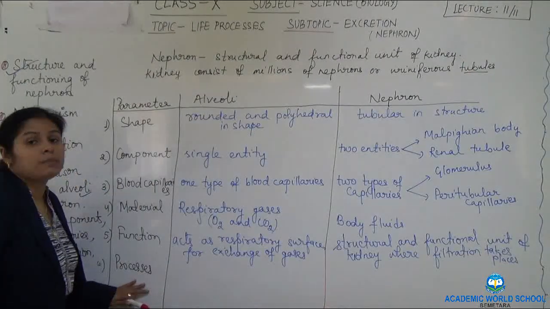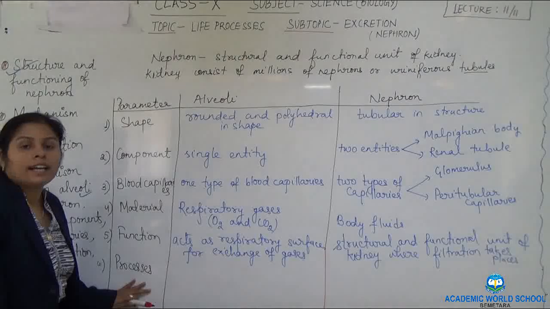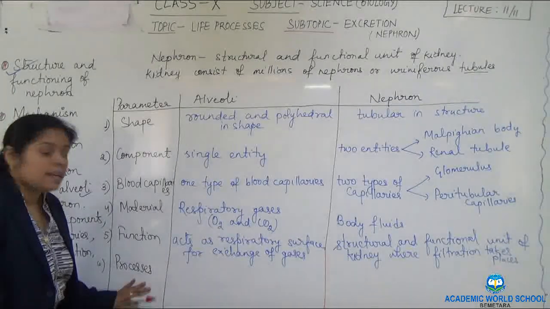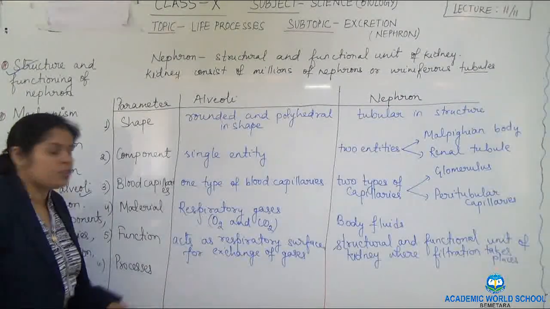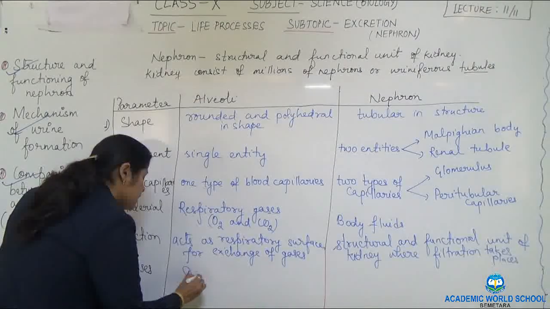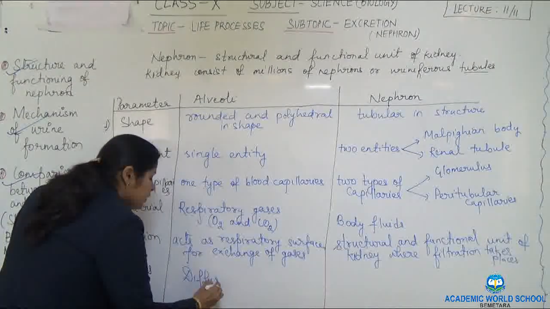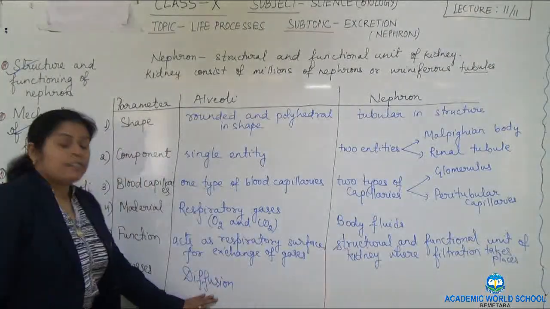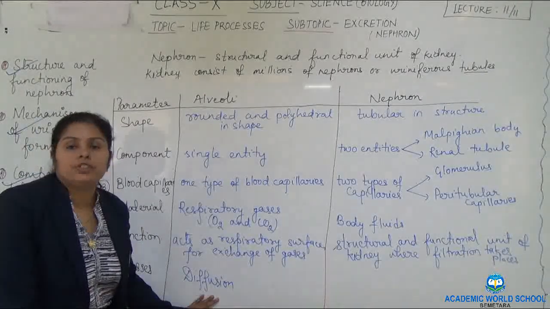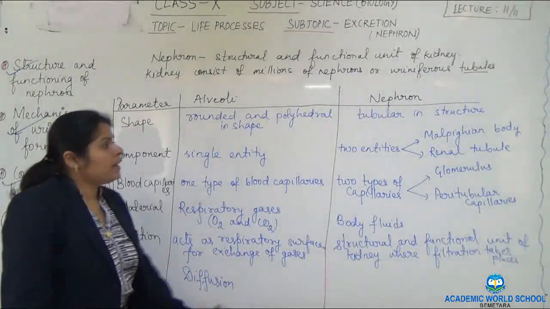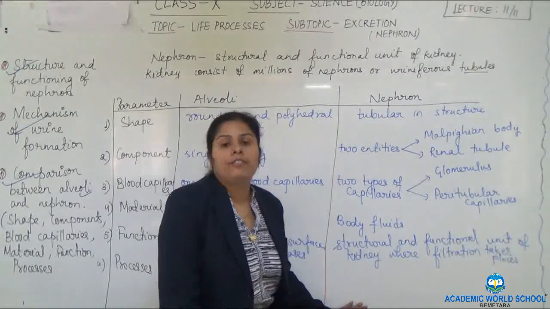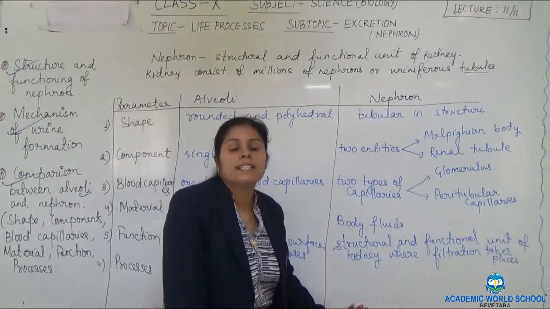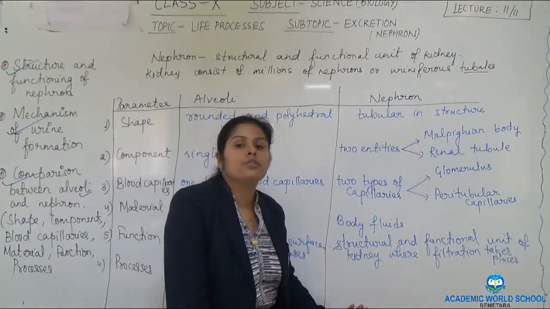And what is the last point? The last point is processes. In alveoli, only diffusion is the process by which these gases are exchanged. So in alveoli, for the exchange of gases, diffusion is required. Whereas in nephron, for the body fluids to be filtered, there are various kinds of processes that come into effect.